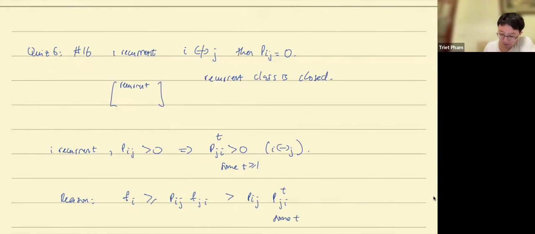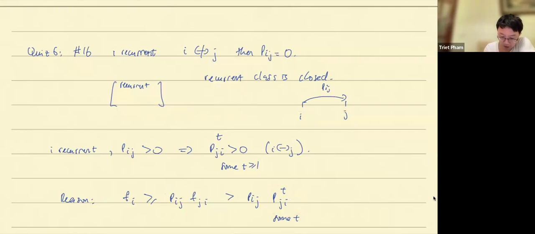What we're saying is that here's i. You will go to j at the first step, with positive probability Pij. Now, once you're there, if you never return, meaning it's always zero, then you have a positive chance of never returning to i.